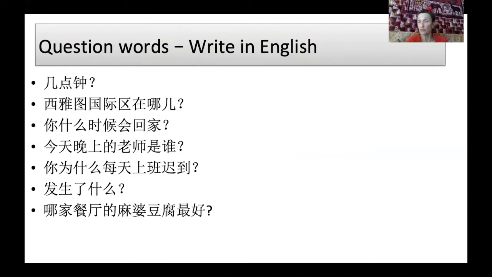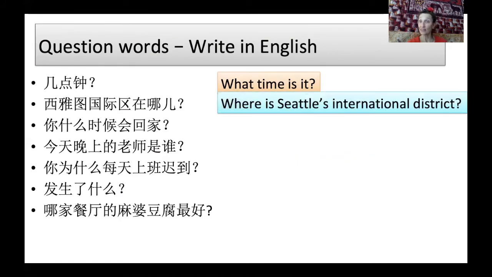Okay, assuming that you did, let's see what question words an English speaker would use for these ideas, for these questions. 几点钟? What time is it? 西雅图国际区在哪儿? Where is Seattle's International District?